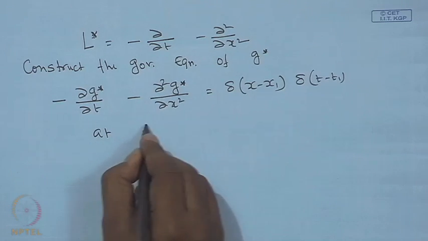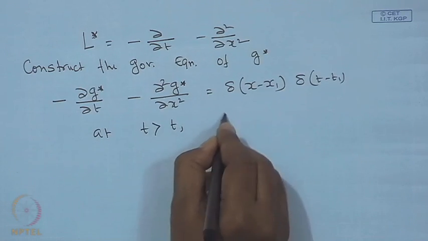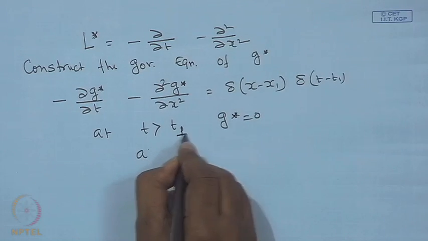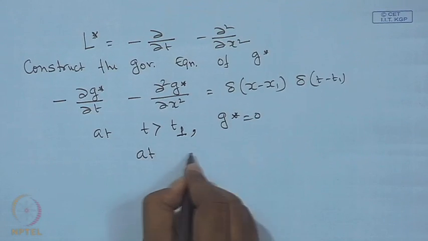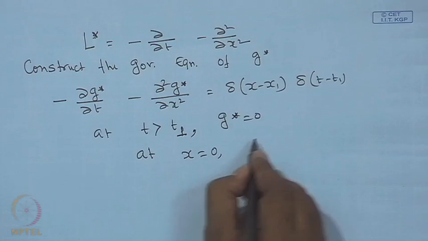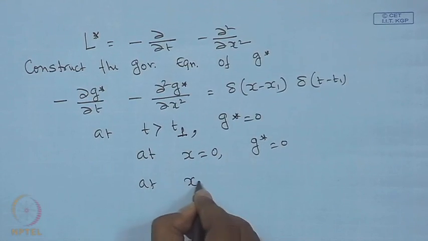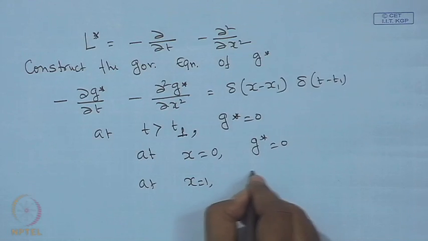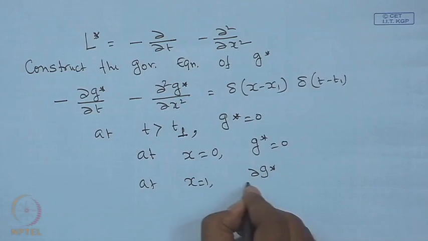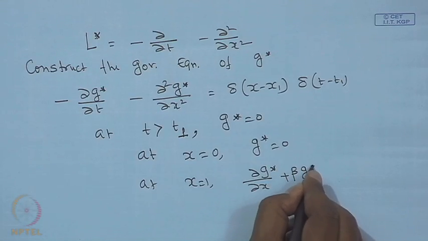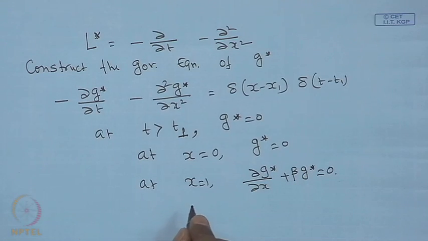At t greater than t 1, g star is equal to 0, at x is equal to 0 your g star is equal to 0, at x is equal to 1, del g star del x plus beta g star is equal to 0. So, this is the governing equation and the boundary conditions on adjoint Green's function.